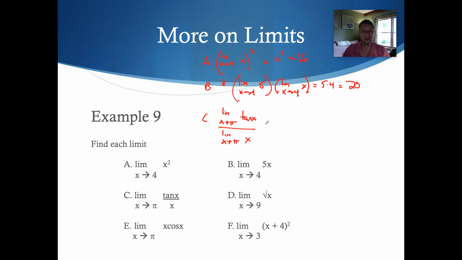And so in this case, the limit as x approaches pi of the tangent of x is the tangent of pi. And if you don't know, just plug it into your calculator, but the tangent of pi is 0. And of course, the limit as x approaches pi of x is simply the value of pi. But of course, 0 over anything is simply 0. And so the limit here is 0.